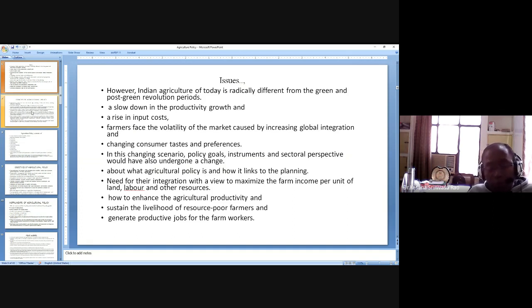Duesenberry's theories and the demonstration effect have also influenced the majority of our developing countries. Because of that, our consumption pattern has grown up, whatever income we are earning. That is the major change which has taken place, and because of that, agriculture to industry, industry to services has not grown properly.